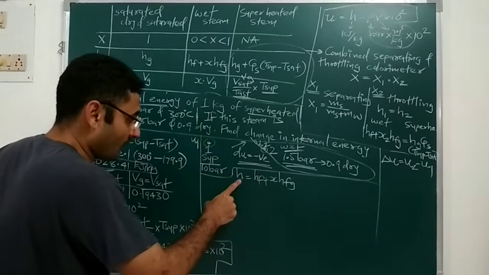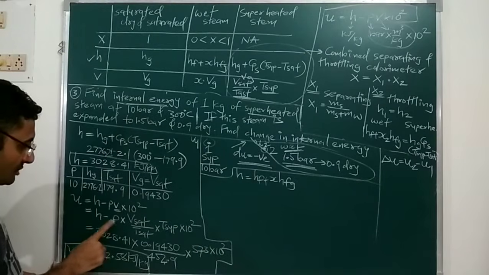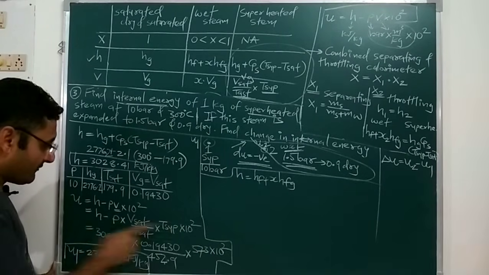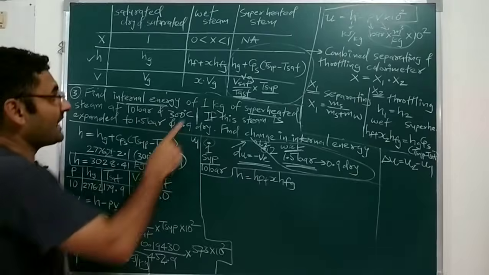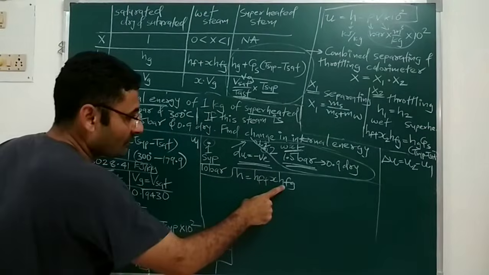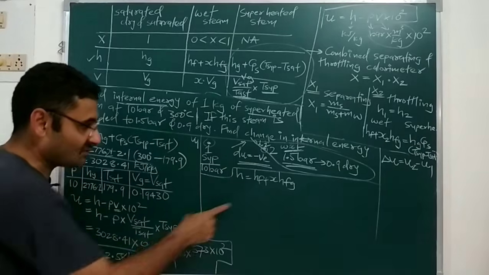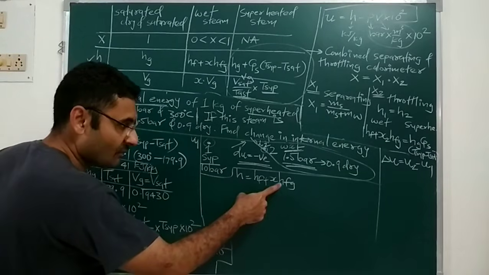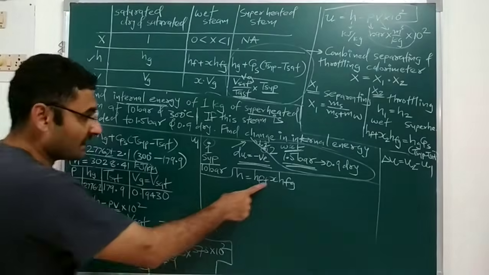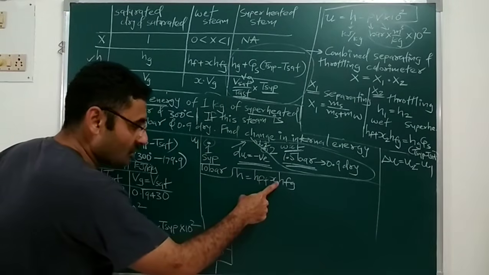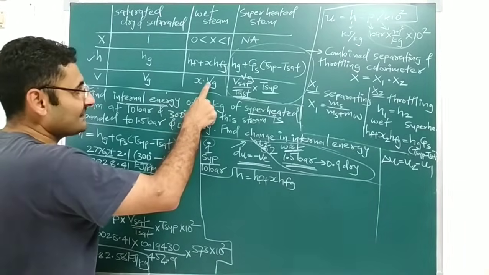Now from that H you have to find the internal energy, and for internal energy V is present, and here the value of V is not V saturated into T superheated. This is the case of wet steam, and for wet steam the value of V will be the specific volume, x into Vg.